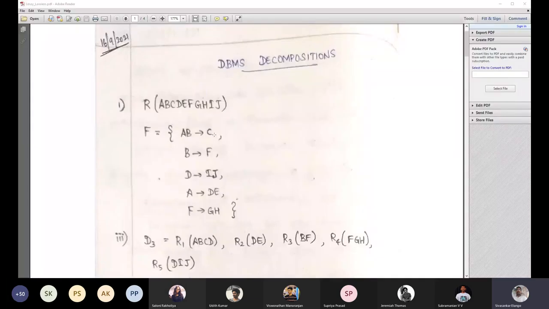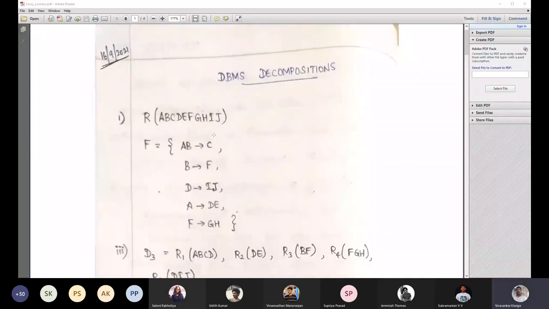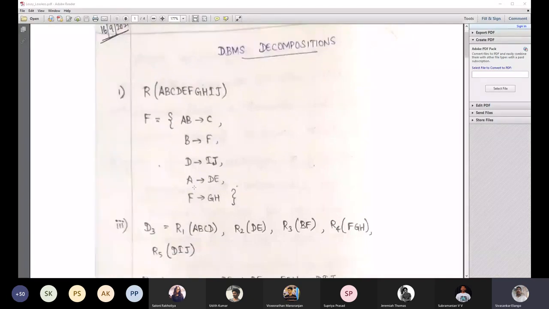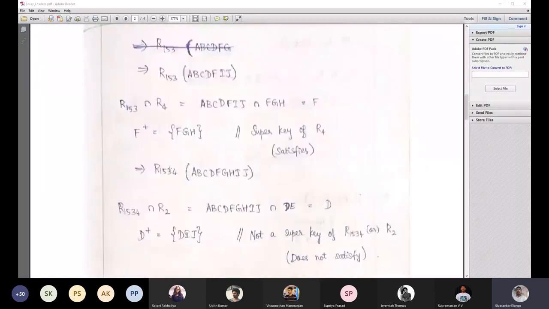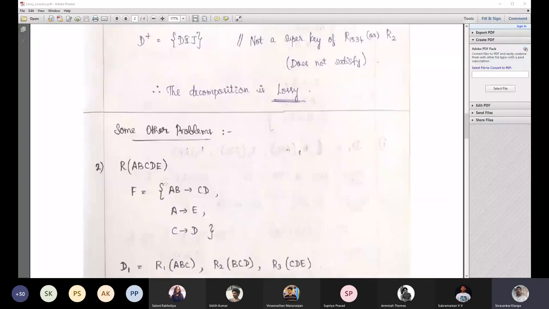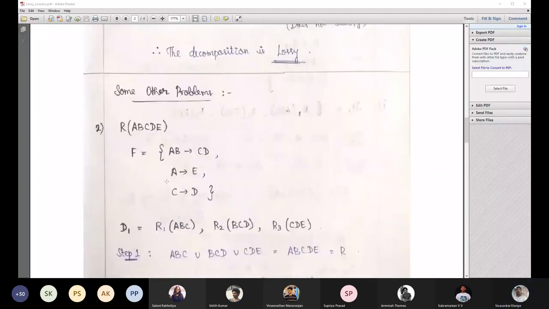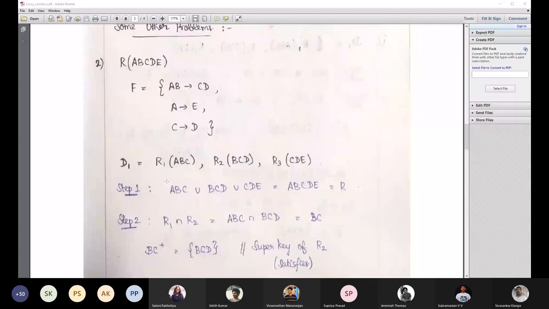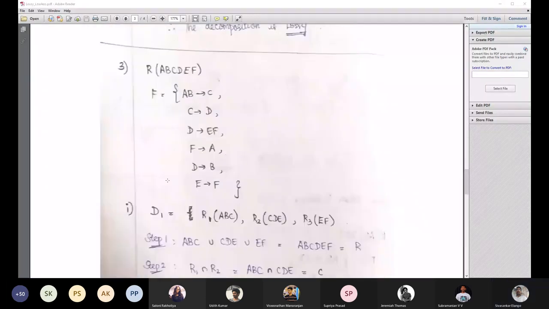Let me share whatever we have discussed in the previous class. Subramaniam has done this problem. He has solved whether the decomposition is going to be lossy or lossless, and he has proved that it's a lossy decomposition. Let us leave it.